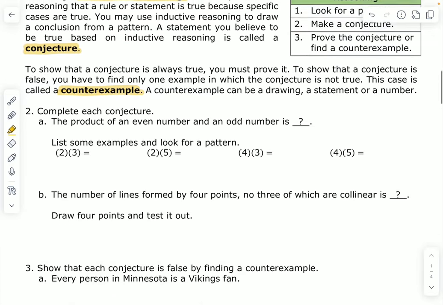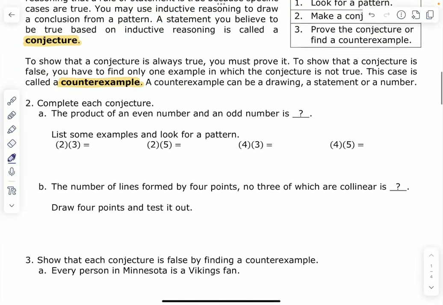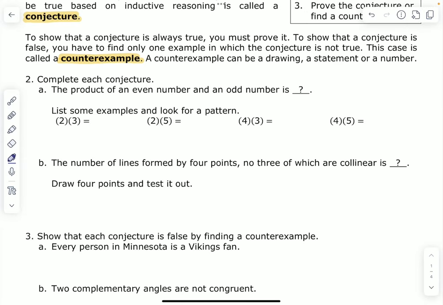Let's practice creating conjectures. So for A, it says the product of an even number and an odd number is blank. It says list some examples and look for a pattern. So I know that 2 times 3 is 6, 2 times 5 is 10, 4 times 3 is 12, and 4 times 5 is 20. All right, so I have 4 different examples of even numbers times odd numbers.